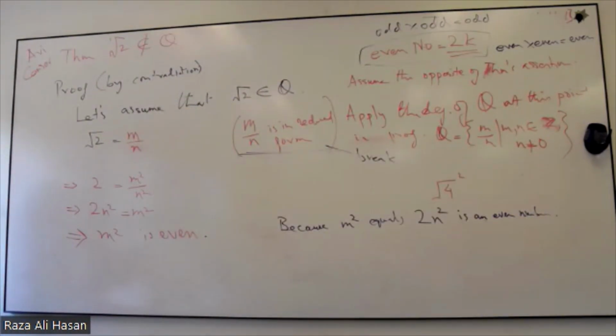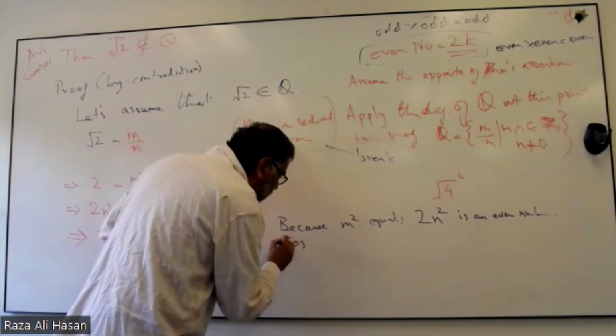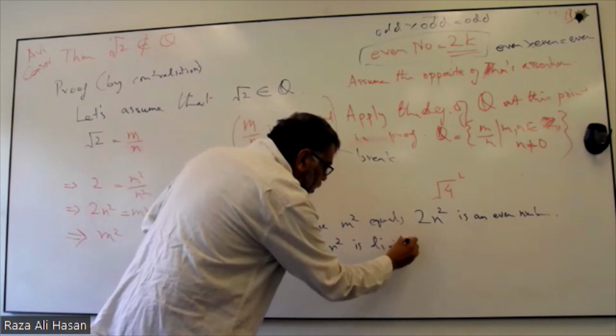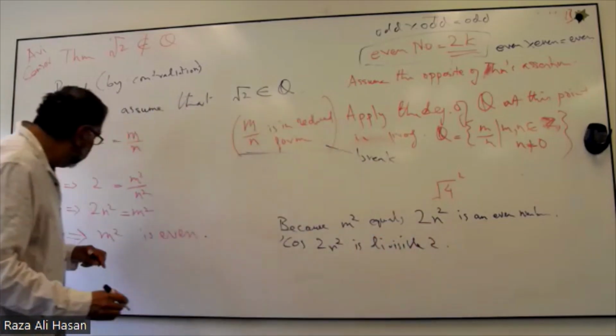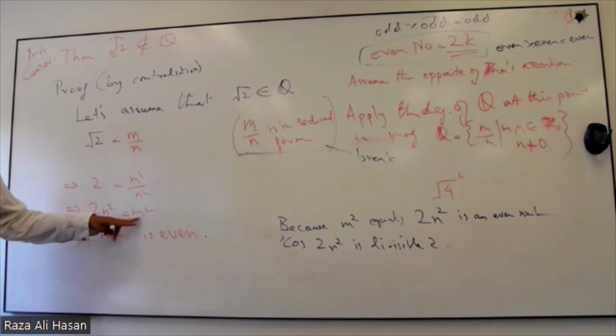Because it is divisible by 2. It is an even number because 2n squared is divisible by 2. So if the left-hand side is an even number, and it's equal to the right-hand side, that has to be an even number.